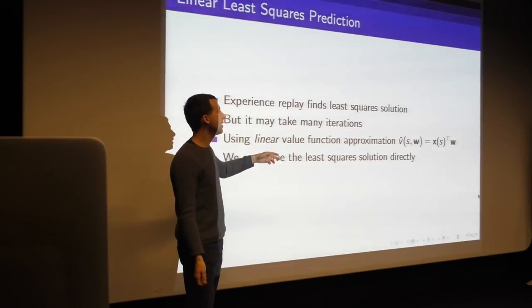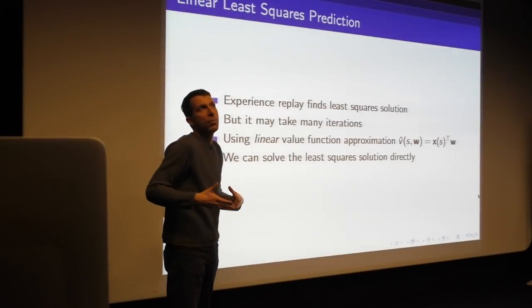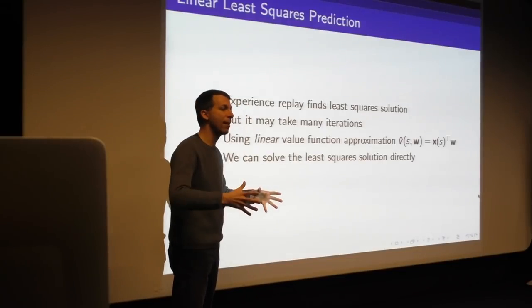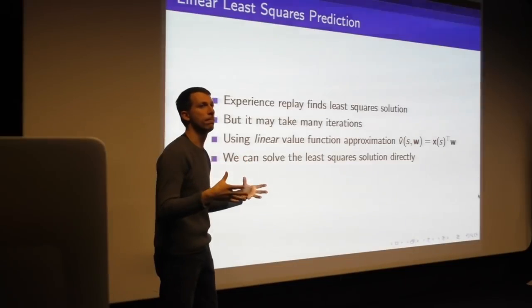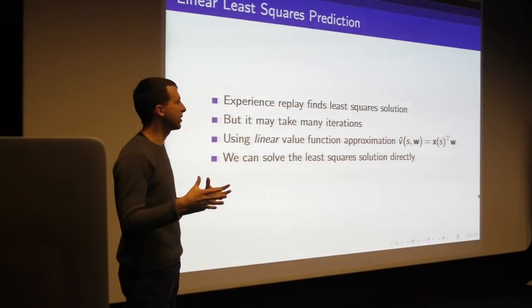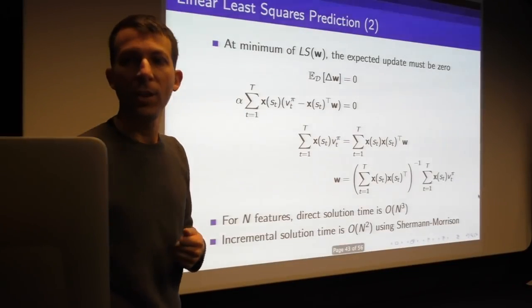If we really are using linear function approximation, then with more computation per iteration, you can do a little bit more in one step and jump all the way to the correct least squares solution, in closed form. So you can do your policy evaluation step in one jump. It looks a bit like this.